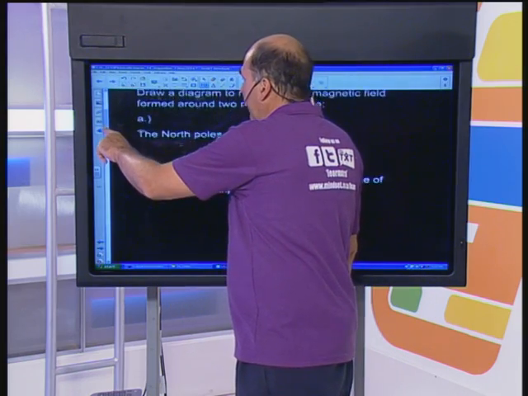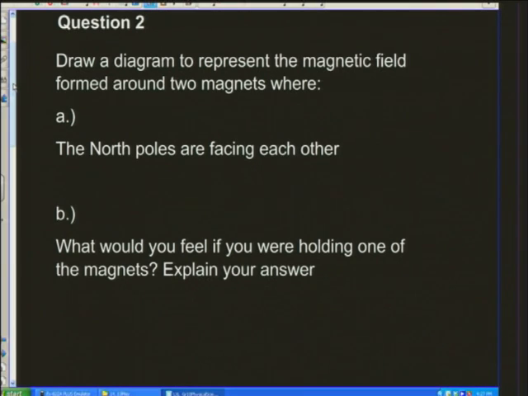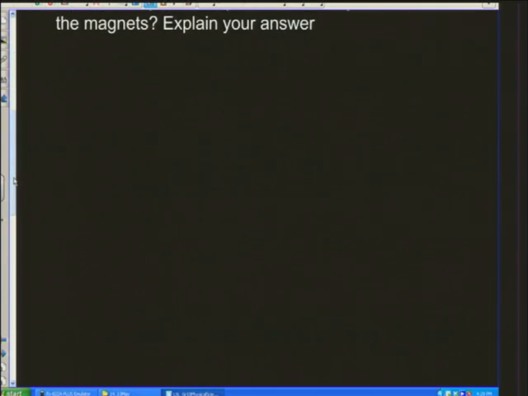Okay. Now, question number 2 tells us that we're to represent the magnetic field formed around 2 magnets where the north poles are facing each other. And what would you feel if you were holding one of the magnets? So let's get this drawing right, and then we can answer the question.